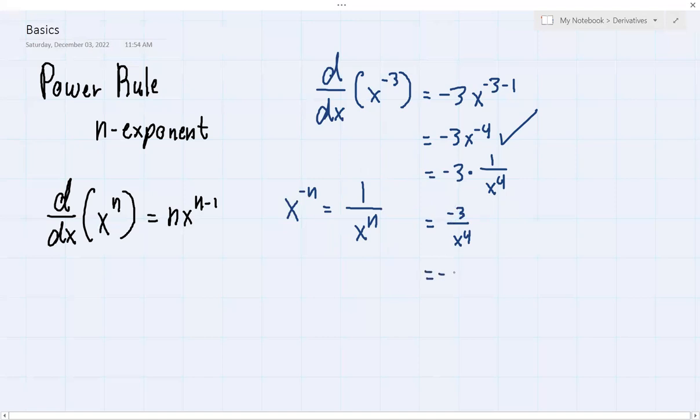So, magiging negative 3 all over x raised to 4. So, yan yung magiging final sagot natin. Alright? So, ganun. It's actually easy. Diba? So, that's the thing. Kahit negative, positive, the same technique pa rin tayo.